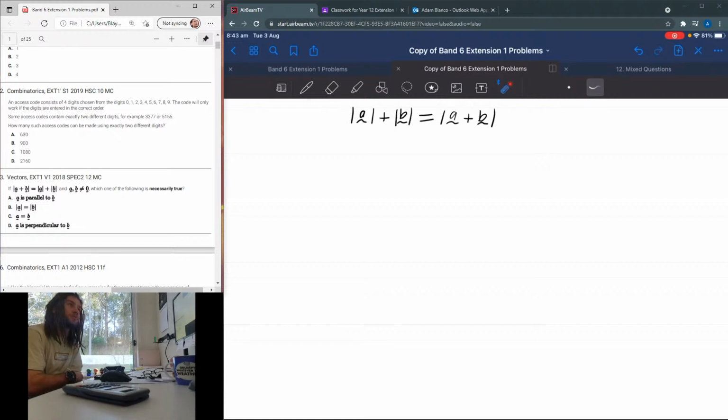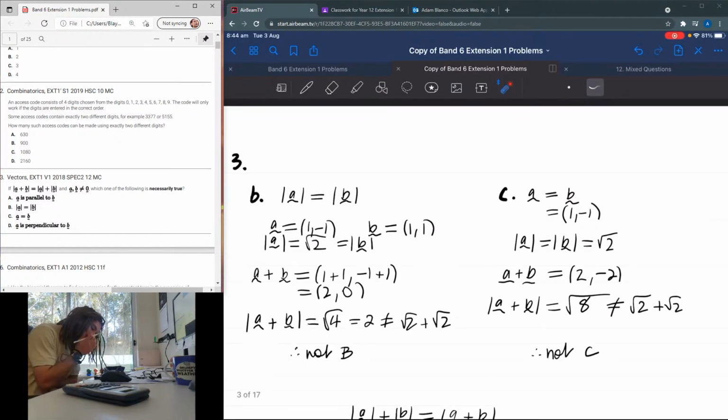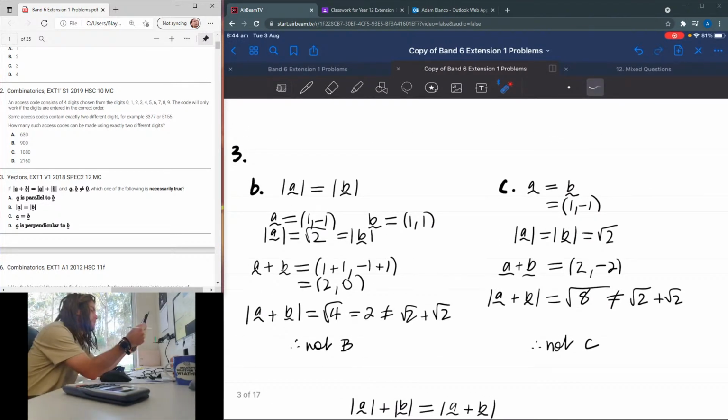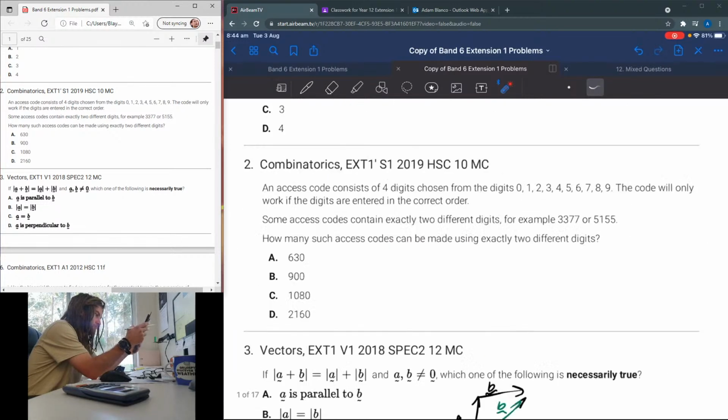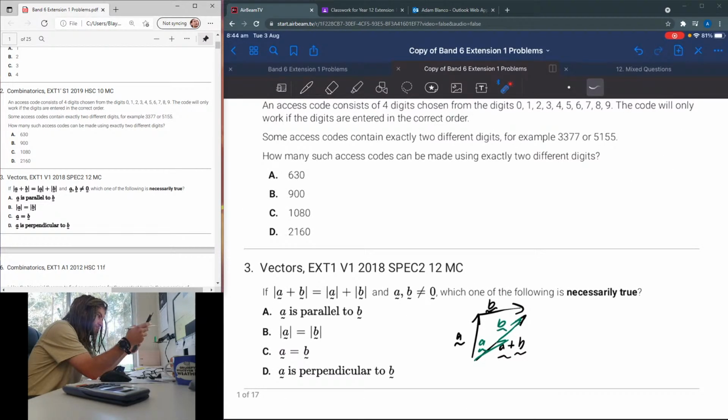What was I about to do? So you're not actually... You don't reckon? Isn't me just making up a vector that disproves this? Because isn't this saying, if this, then this?